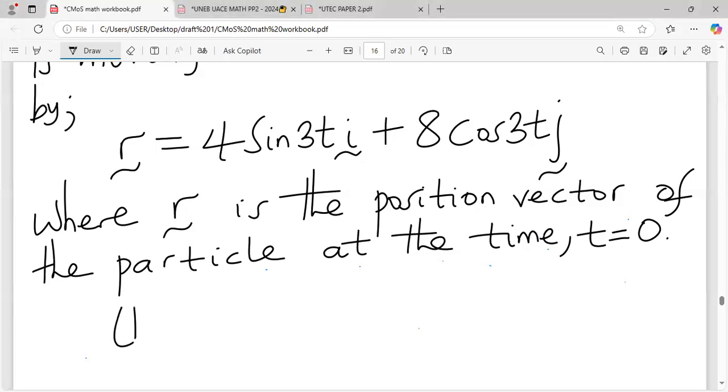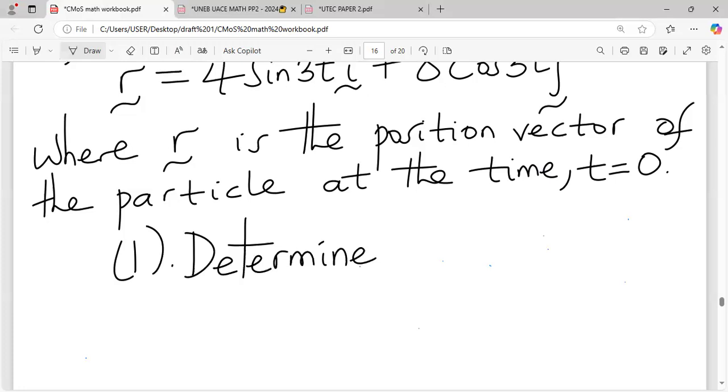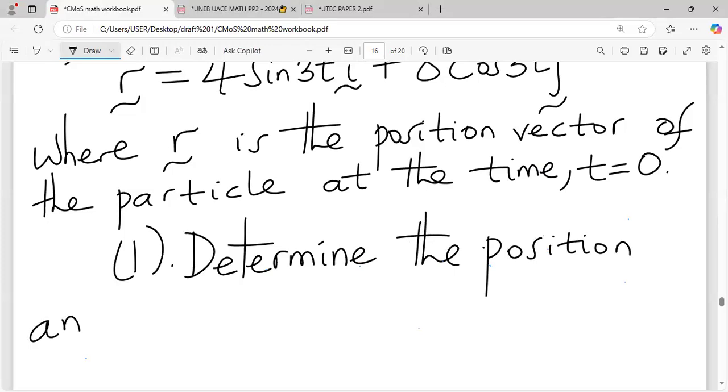Okay. Roman 1 saying determine position vector. I taught yesterday, so I don't want you to be confused when they ask you for the position. Saying you determine position and velocity.